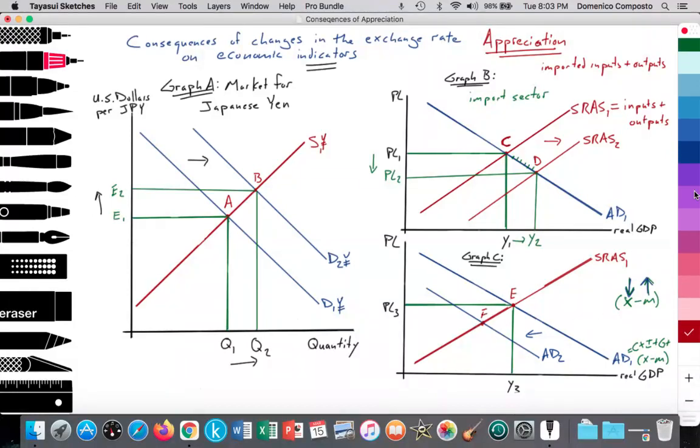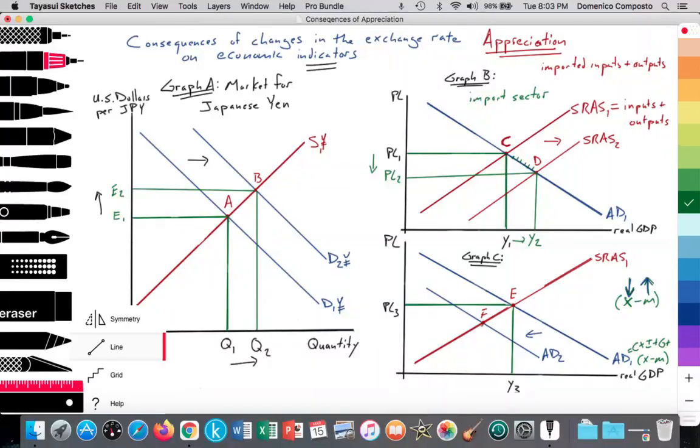We would see again downward pressure on inflation. So the price level falls, which theoretically is deflation, PL3 to PL4, and a fall in GDP from Y3 to Y4. And where would that fall in GDP be occurring? In the export sector of the Japanese economy.